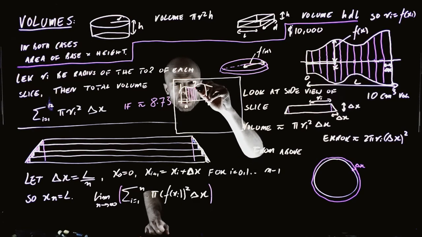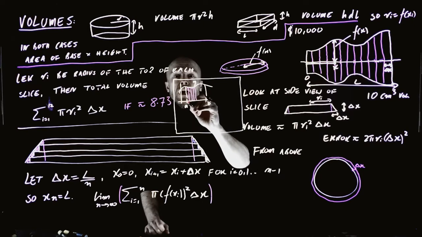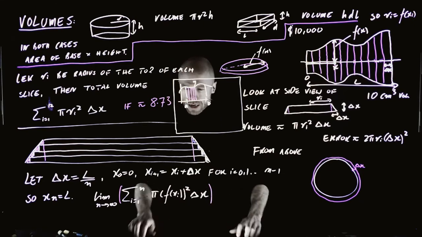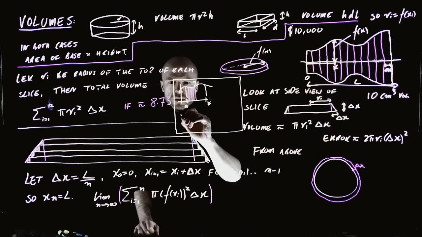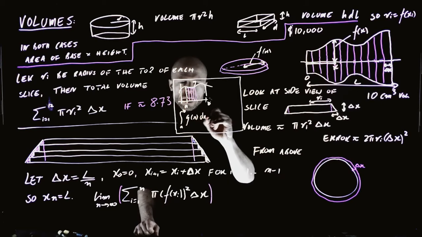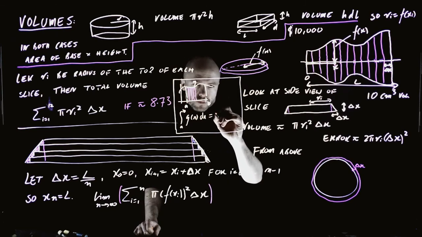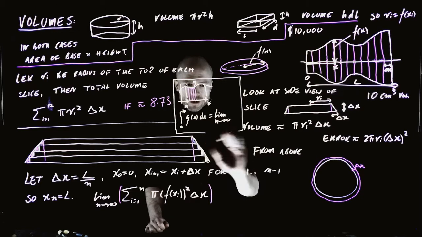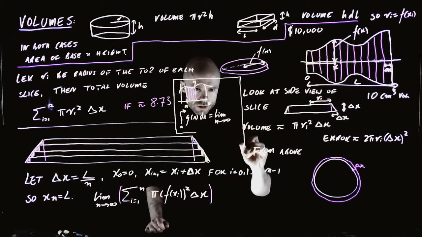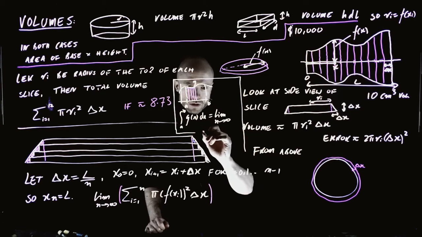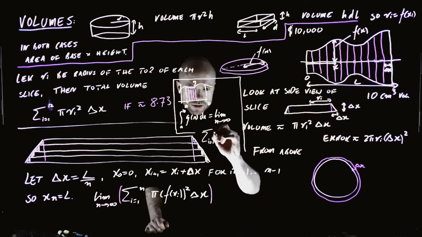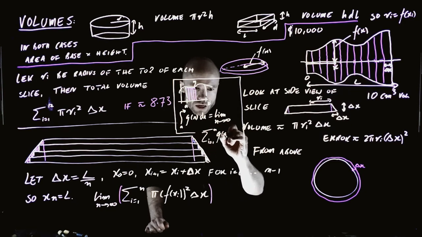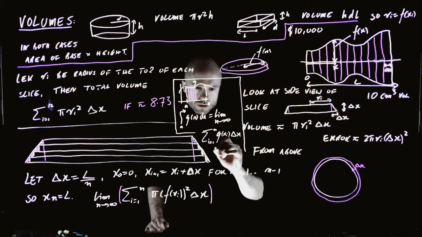And the height's defined by g of xi, and the base is delta x, and therefore we have that the integral from a to b of g of x dx is the limit as n goes to infinity, and I'm running out of space, put it down here, of the sum from i equals 1 up to n of g of xi delta x.